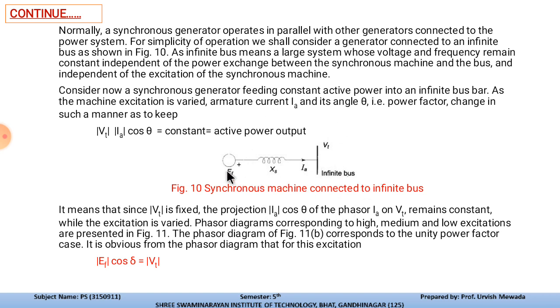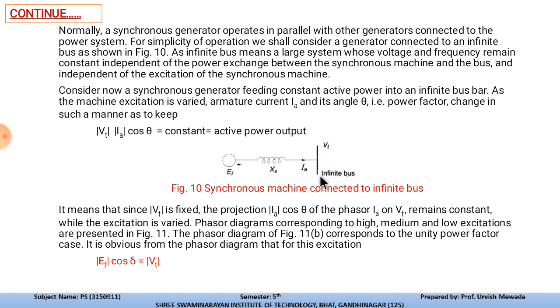An infinite bus means a large system whose voltage and frequency remain constant, independent of the power exchange between the synchronous machine and the bus, and independent of the excitation of the synchronous machine. So the infinite bus terminal voltage is constant, independent of the change in excitation and change in power, meaning load angle.